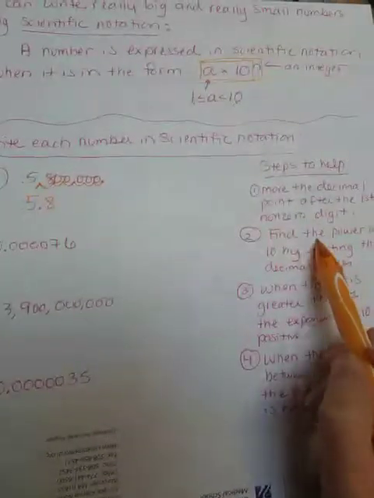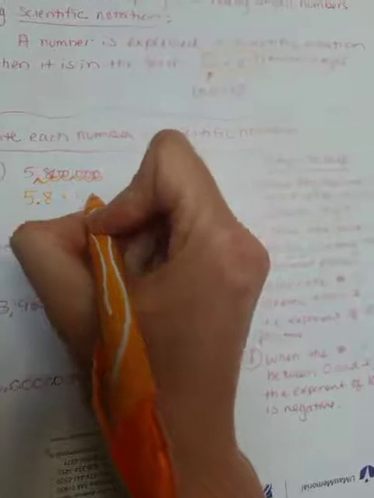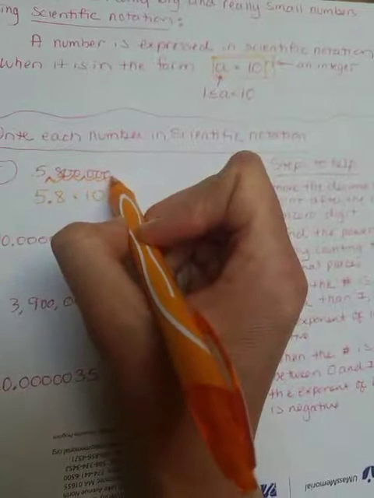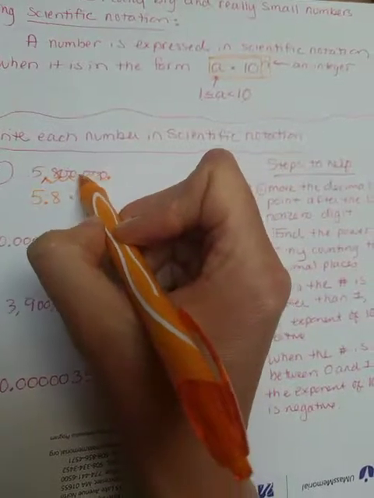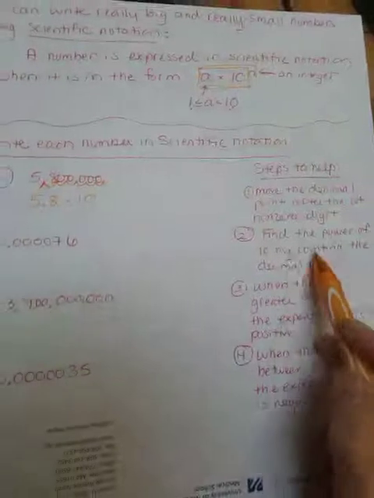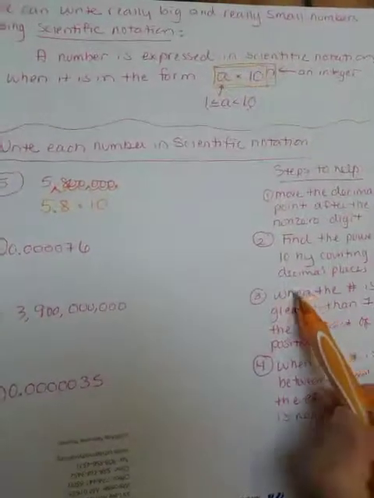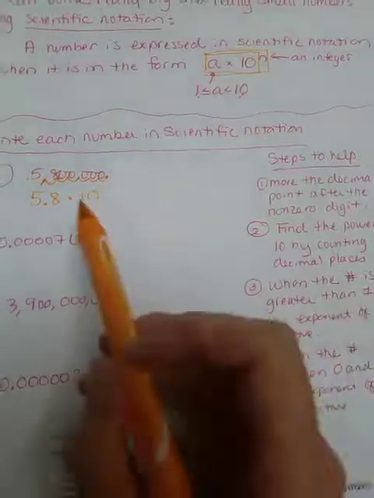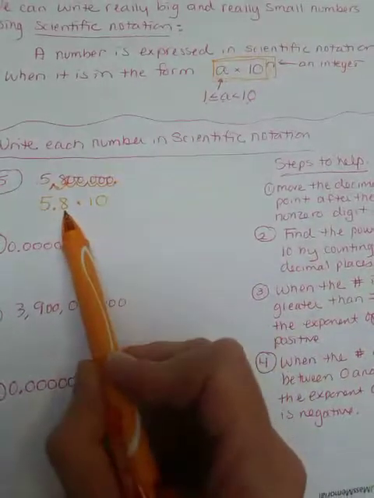So step 2, find the power of 10, so remember we're going to say times 10 to some number, by counting the decimal places that you moved. I like to do these little waves. So here I'll count again. 1, 2, 3, 4, 5, 6. That's step 2. I had 6 spots. When the number is greater than 1, so 5.8, is that bigger than 1?